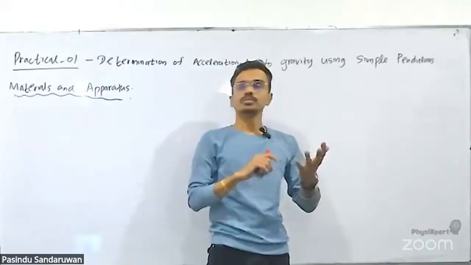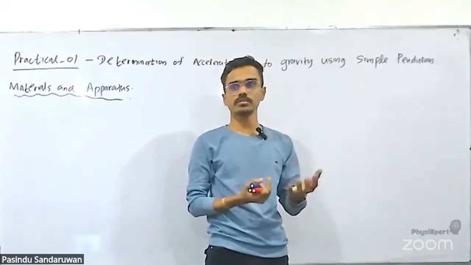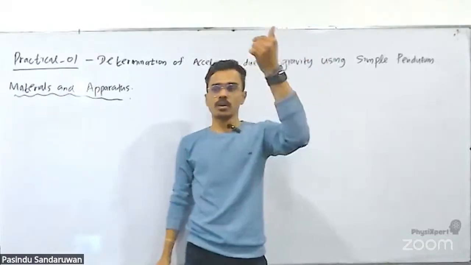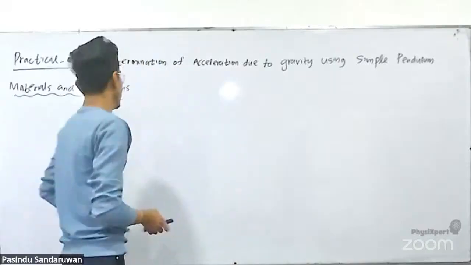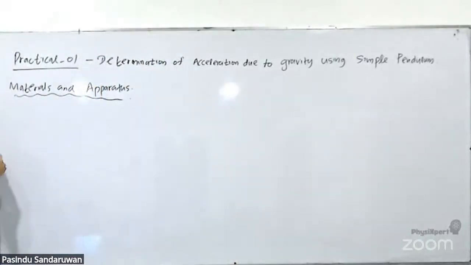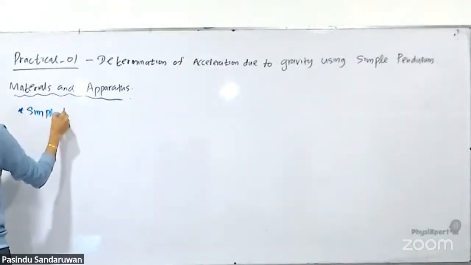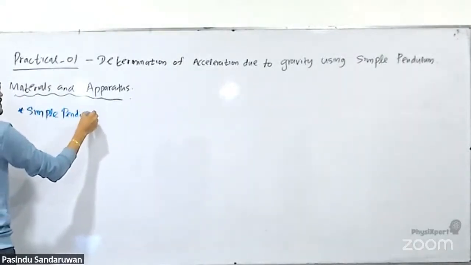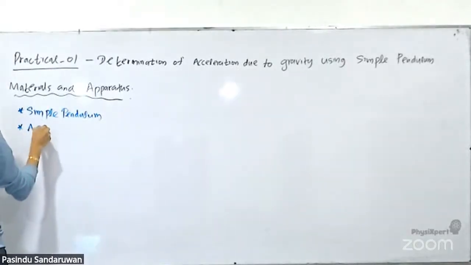Right. So first material or the apparatus we need is pendulum. No, pendulum in the sense we have to have a string and a pendulum bob. Right. First, don't write, just look at the board. You have to have a simple pendulum and a small bob.